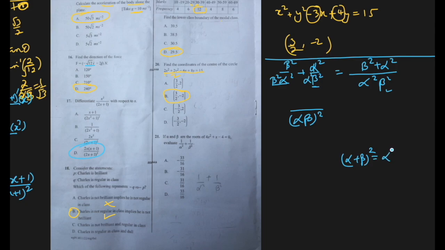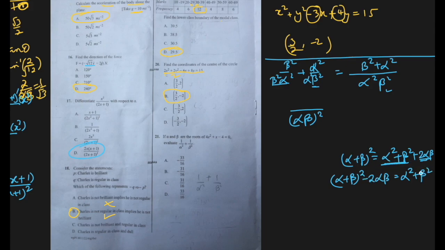It will be alpha square plus beta square plus 2 alpha beta, correct? So I take 2 alpha beta this way: (alpha plus beta) square minus 2 alpha beta will be alpha square plus beta square.